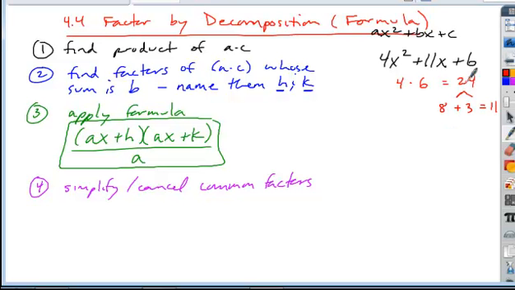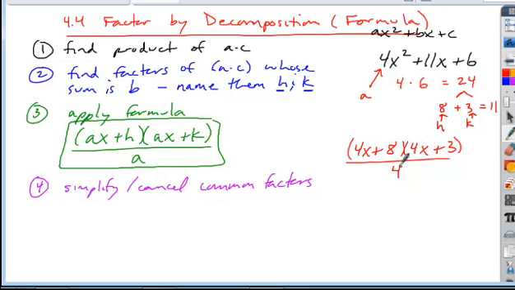Okay, now if we let this be H and this one be K, and we already see that our A value is right here, if we plug it directly into this formula and simplify it, we get our factors. So if we take 4x plus 8 times 4x plus 3 and divide that all by our A value 4, and then reduce this fraction, that will leave us with the set of factors.